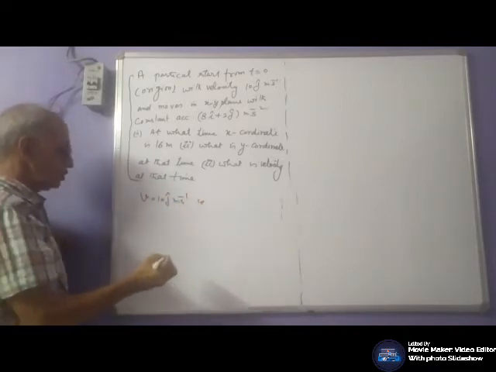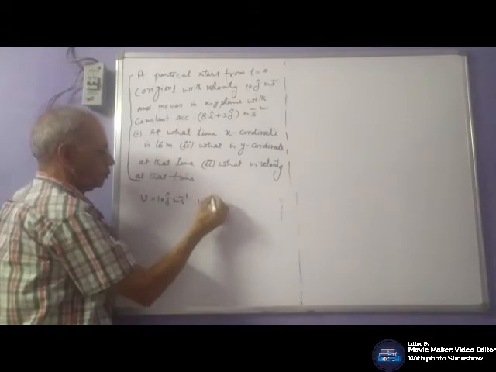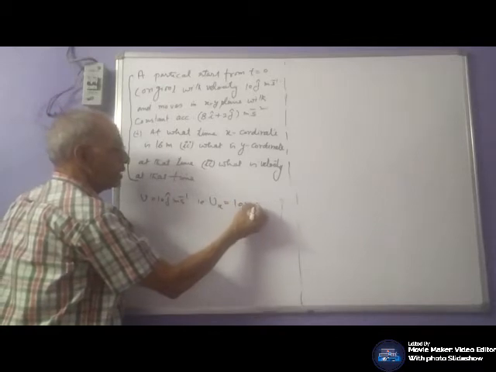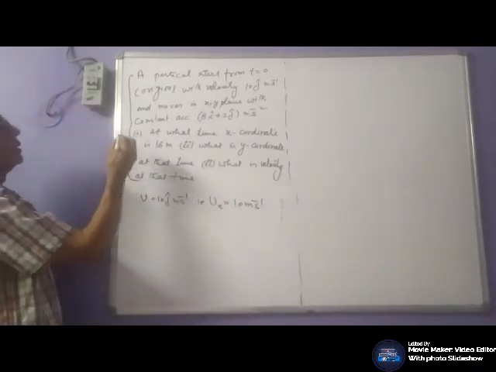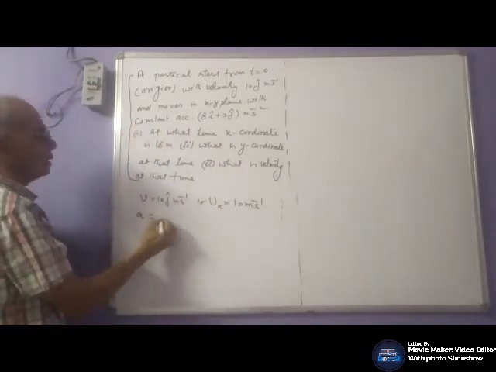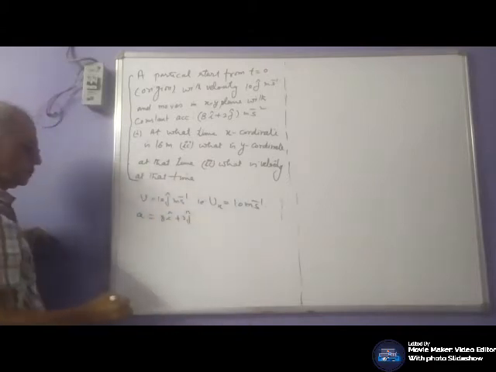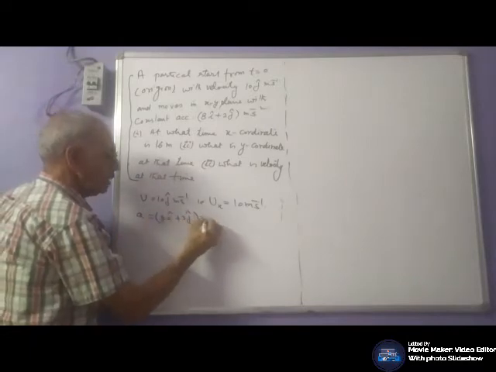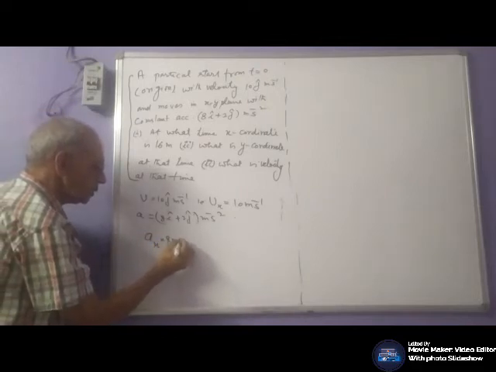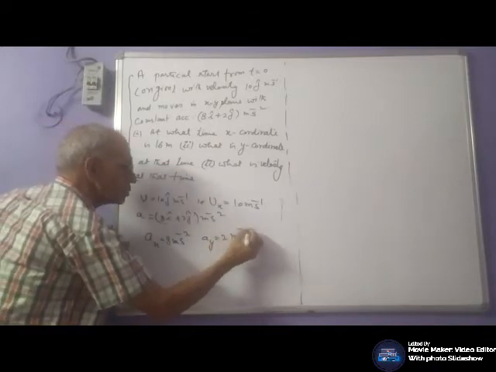That is the initial velocity, uy is 10 meter per second, and it moves in the xy plane with constant acceleration 8I plus 2J meter per second square. This means ax is 8 meter per second square, ay is 2 meter per second square.